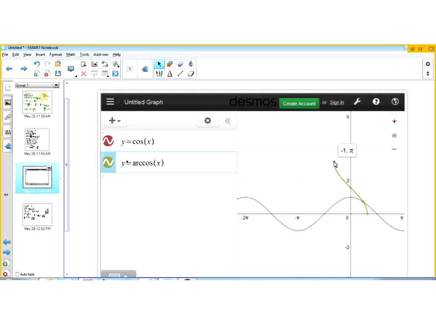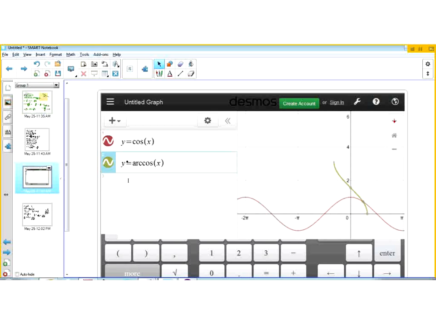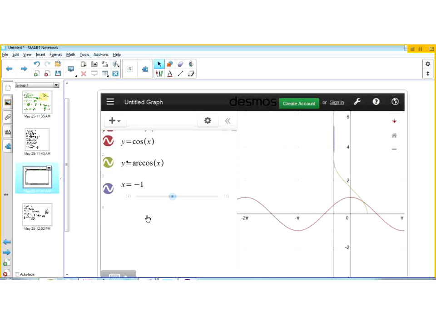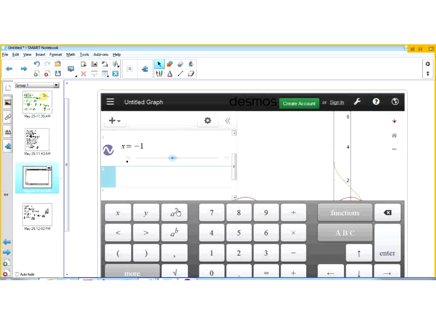Okay, so now the domain of the arc cosine function would be -1 to 1, right? X equals 1.